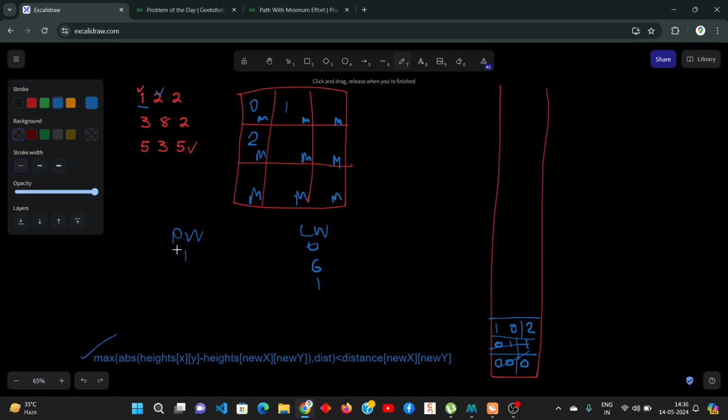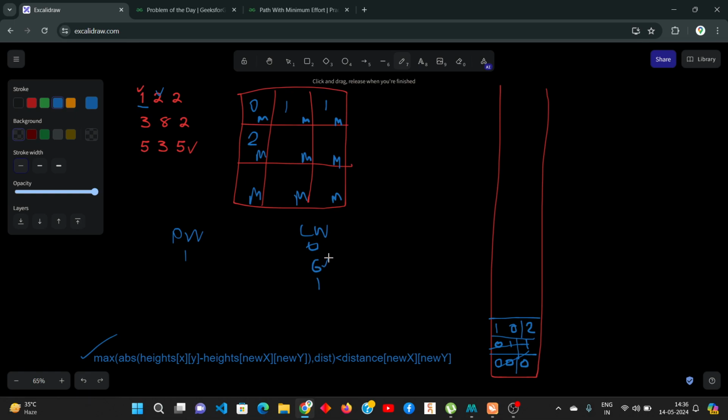So let us compare for the previous node, the previous weight and the current weight. Which one is greater? That is for here, that is 1, obviously. So is the 1 lesser than the current value? Obviously, yes. So we can put 1 here.